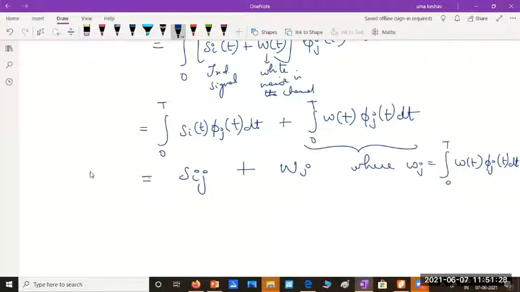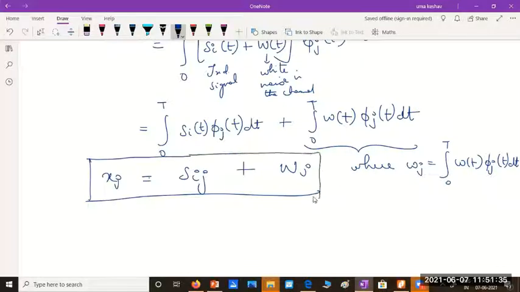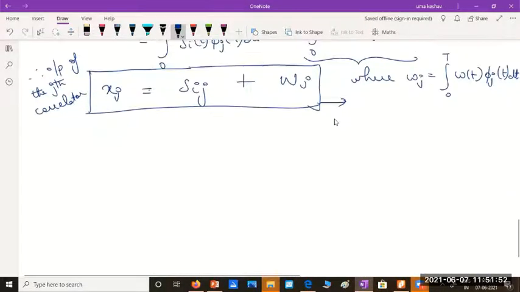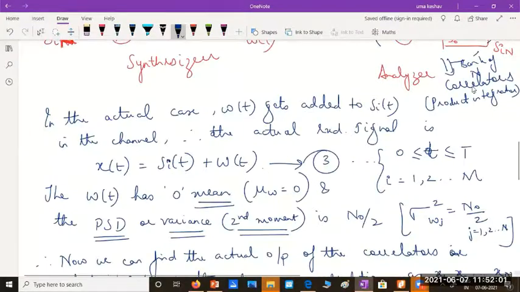This was the expression for xj, which is the output of a correlator. Therefore, the output of the jth correlator xj can be defined with this equation. I lost count of numbers. Okay, we have 3 here. Let me call this equation 4. So this is the actual output of the jth correlator.